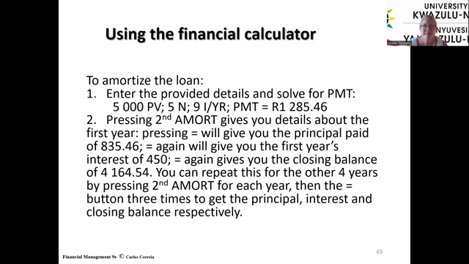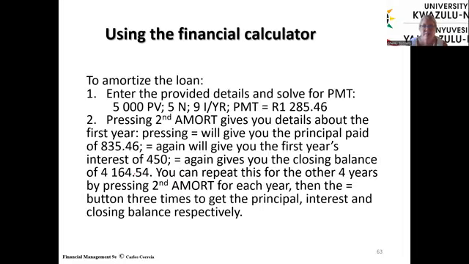Then you press second amort, and I'll show you where you find that. And that's going to give you details about the first year. The first time you press equals, after that, will give you the principal paid in the first year. Press equals again, it'll give you the first year's interest that you pay. Press equals again, and it'll give you the closing balance at the end of year one.